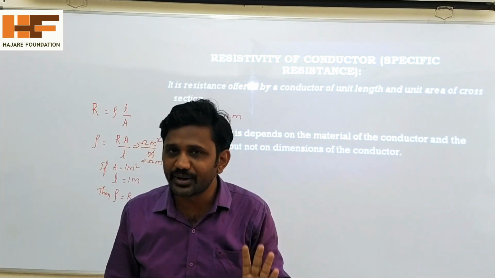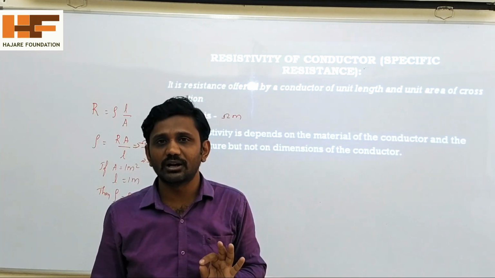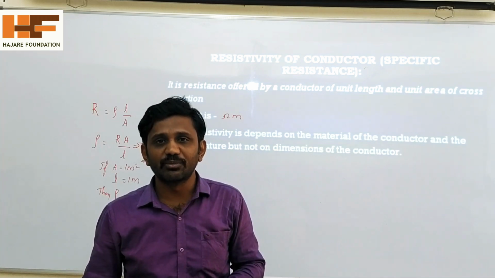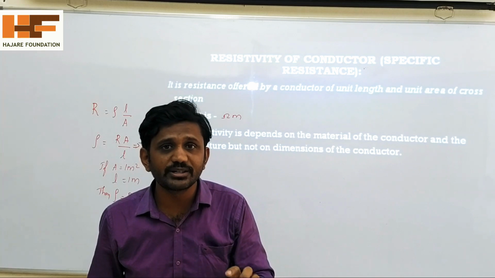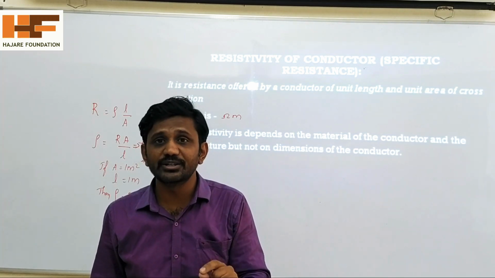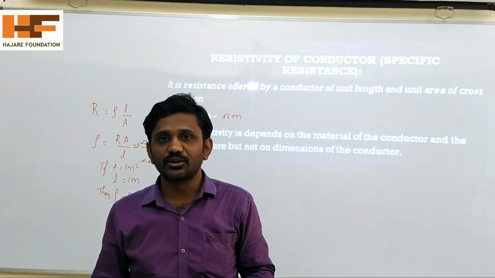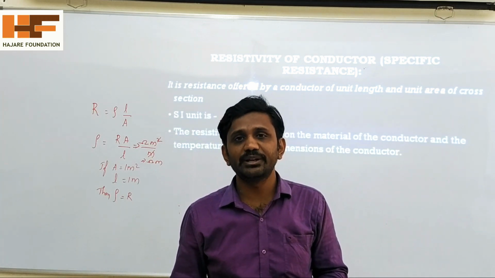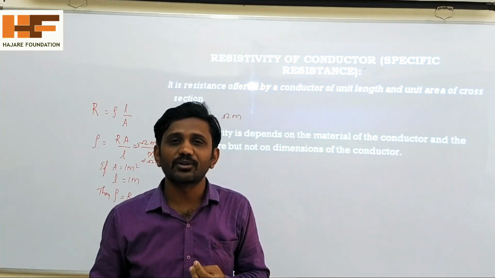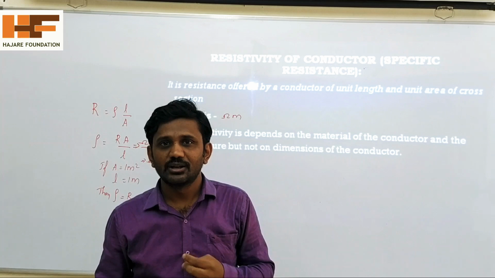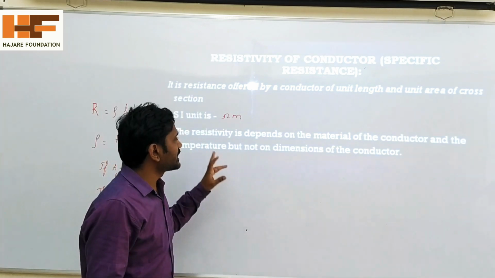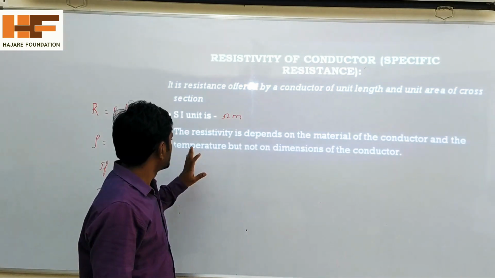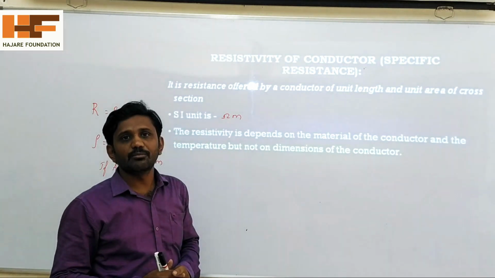One, the nature of the material, and the second, the temperature of the material or conductor. It does not depend on the dimensions of the conductor, that is length and area of cross section. It depends only on temperature and nature of the material.